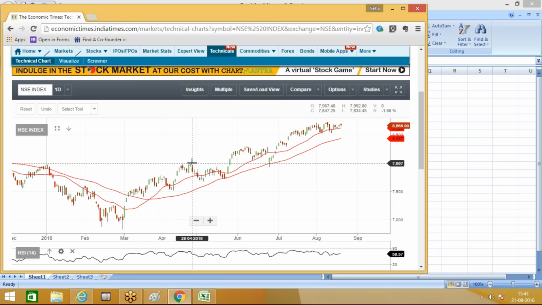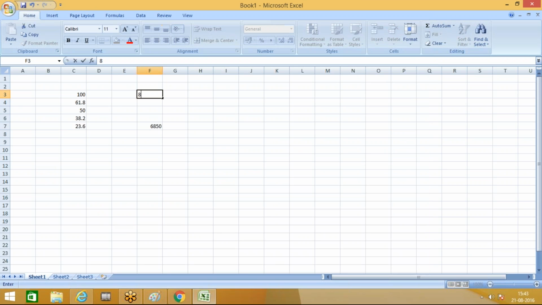and then it went up to, let's say, 8,000. So what you have to do is find out by how much it went up. It went up by 1150 points. Then you apply the Fibonacci ratios to it. You apply the smaller Fibonacci ratio first, so 23.6%.